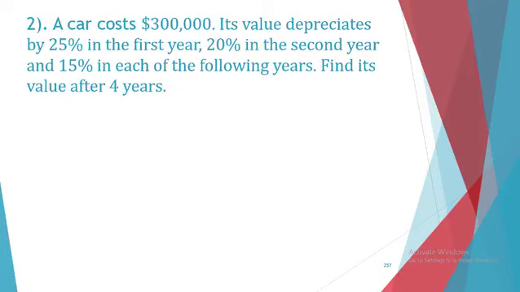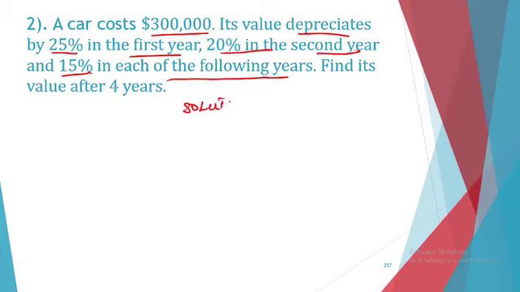A car costs 300,000 US dollars. Its value depreciates by 25% in the first year, 20% in the second year, and 15% in each of the following years. Find its value after 4 years. After 4 years. Okay, for the first year, we have that the percentage is what? Is 25.